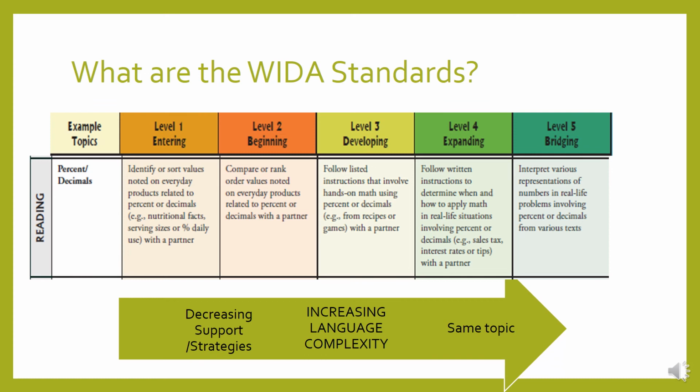Your goal is to have them at level 5 for everything. You can see the progression in terms of identify to interpret. And as you can see with the arrow down below, the whole goal is that you have your support strategies, and as you work towards bridging, you're starting to remove those support strategies so that they're working on their own. The goal is that they're increasing the language complexity during this process.